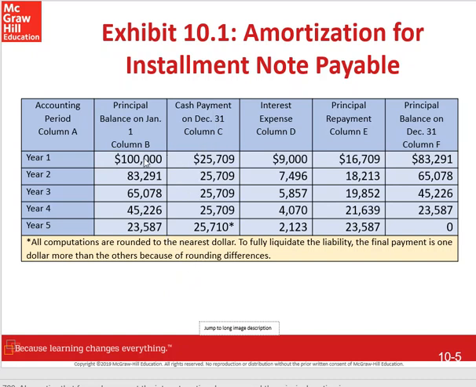If you think about it, if we take 25,709 times 5, over the life of this loan, we're going to make 5 payments, and that's a total of $128,545. So 100,000 of that is to pay back the principal, and the other $28,545 goes to pay interest.